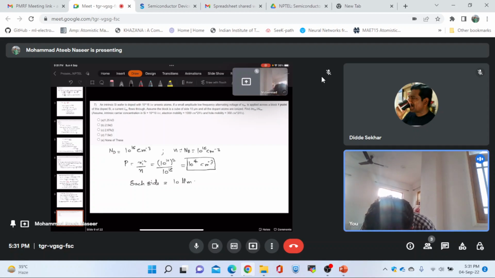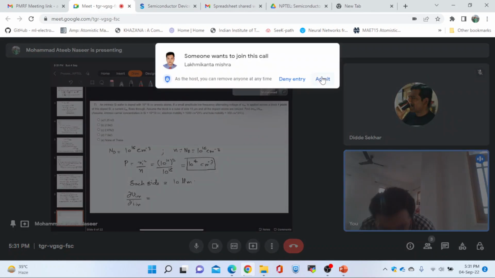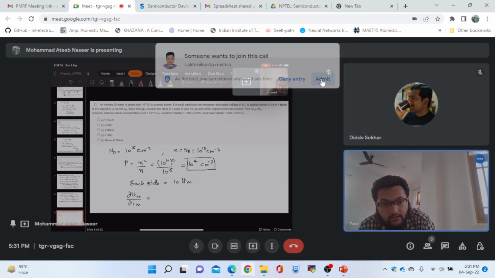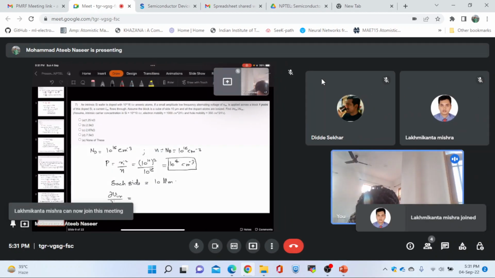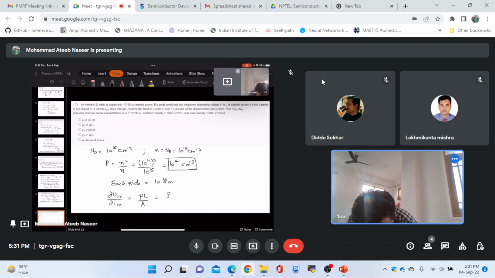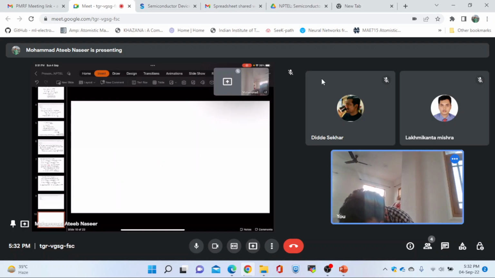So this dynamic resistance dv in by di in will simply be given by rho l by A, where this area is simply L square since it's a cube, and this will simply be equal to rho by L. Now this rho is related to the mobility and the electron and hole concentrations.